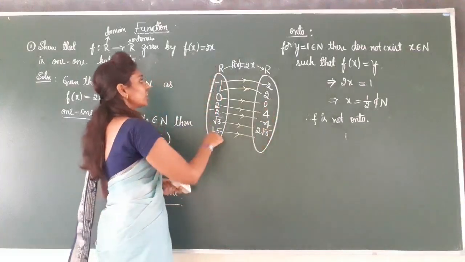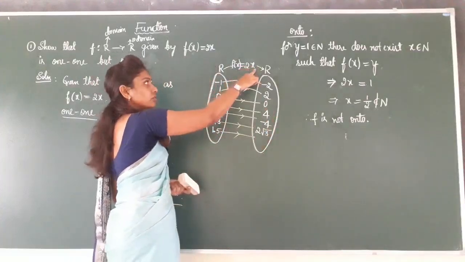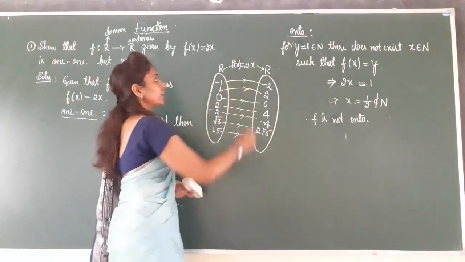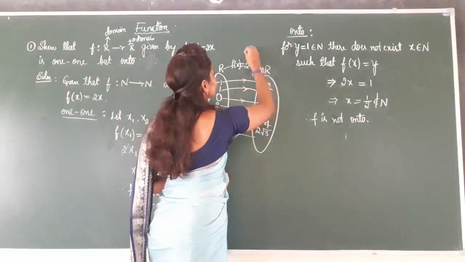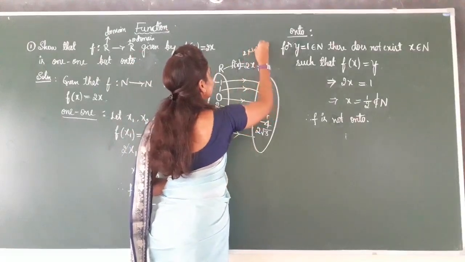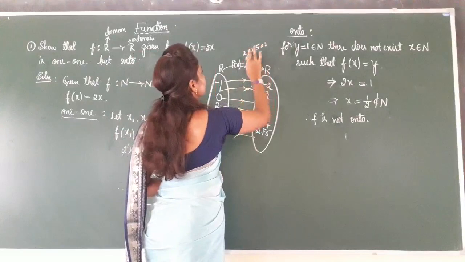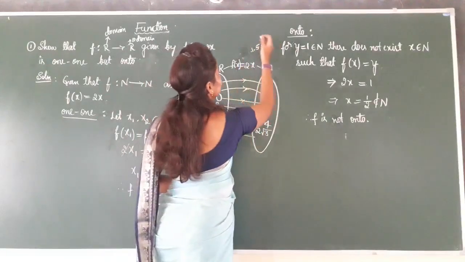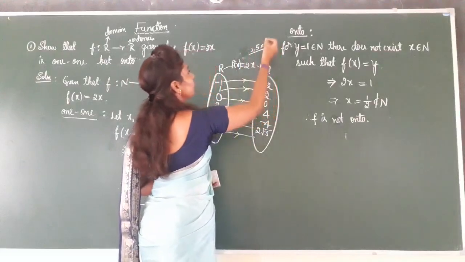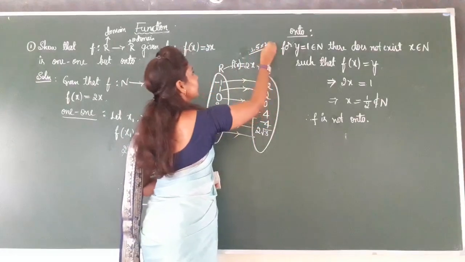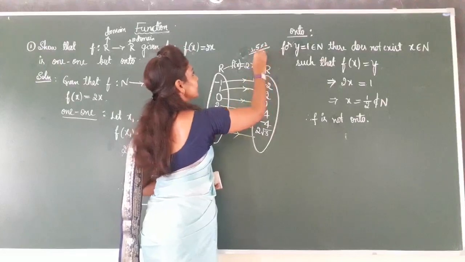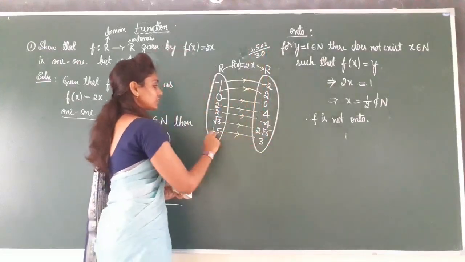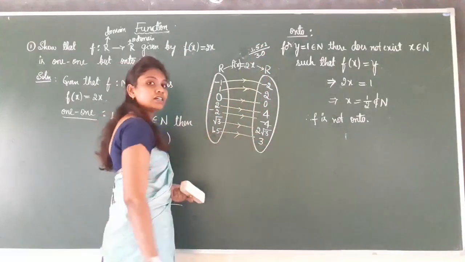Okay. So if we substitute 1.5 here, 2 into 1.5, what do we get? 3, right? 2 into 5 is 10, 2 ones are 2, so 1.5 is mapped to 3.